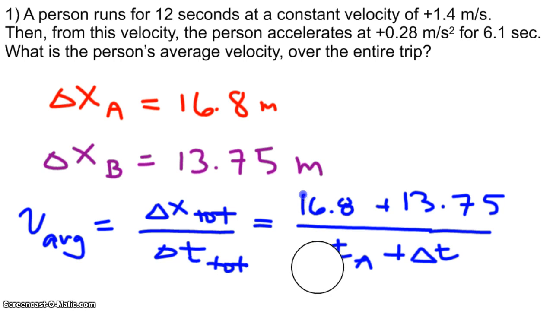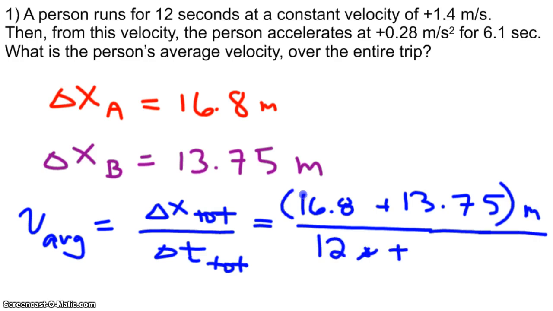And lastly, we have to plug in delta ta and delta tb. Delta ta, the time during A, how long did A last? 12 seconds. Those top numbers had meters as their unit, and 12 seconds was the time of A. The time of B was 6.1.